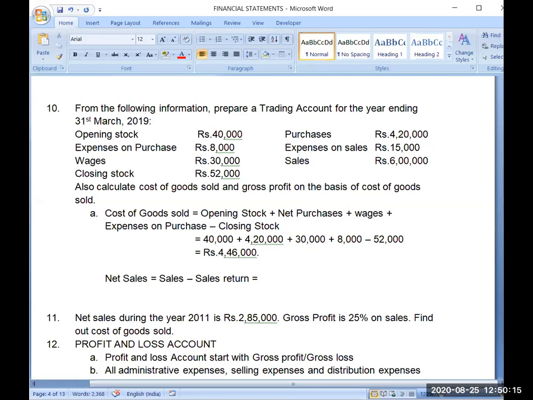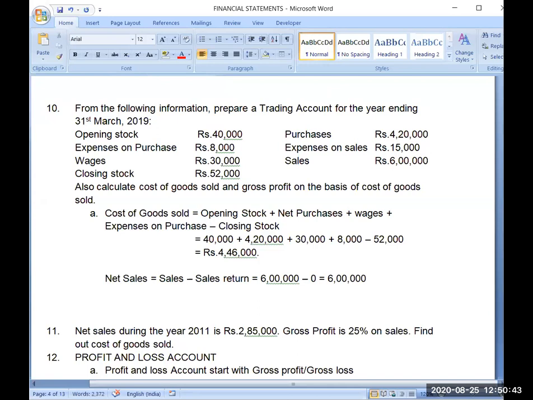Sales are 6 lakh minus sales return is how much? Sales return is also not there in this question. So that's why your sales will become net sales.